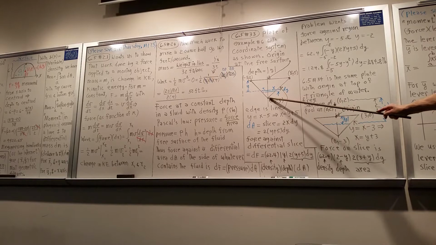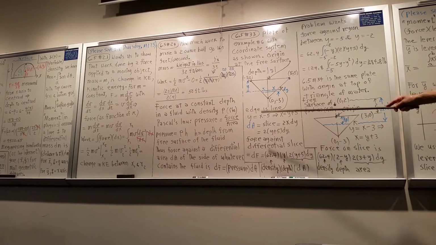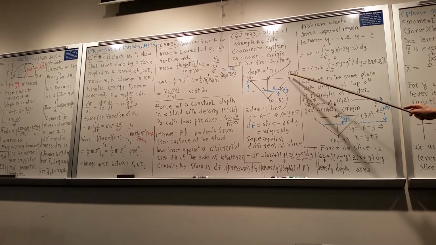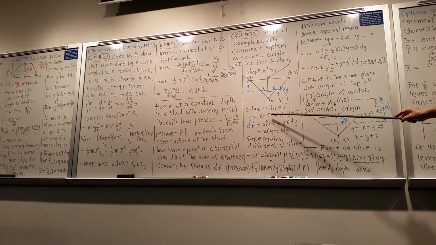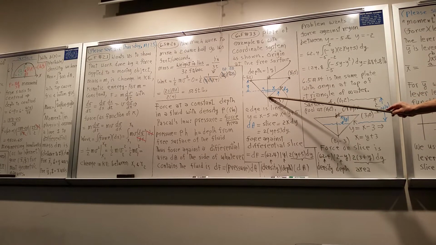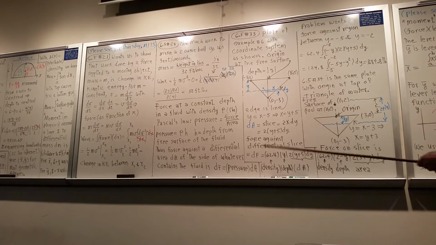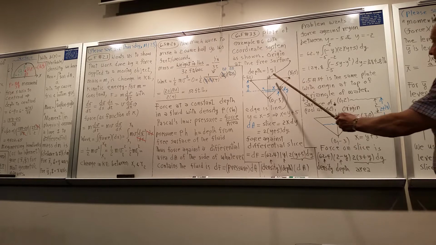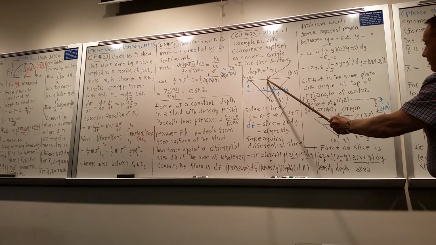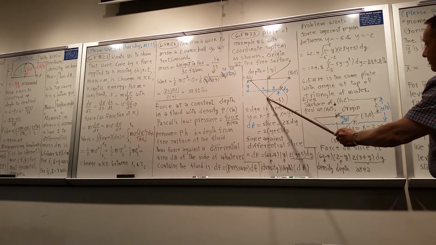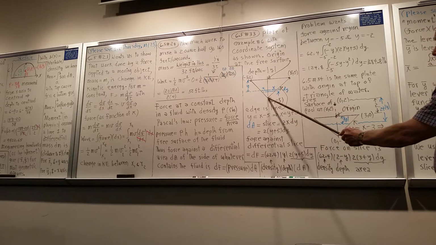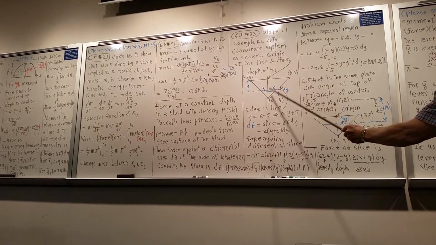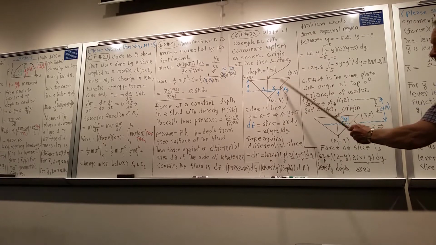So the edge of your triangle is this line from 0, minus 5 over to 5, 0. You can get the equation because you can see that the slope is 1: your rise is 5, and going sideways, your run is 5.